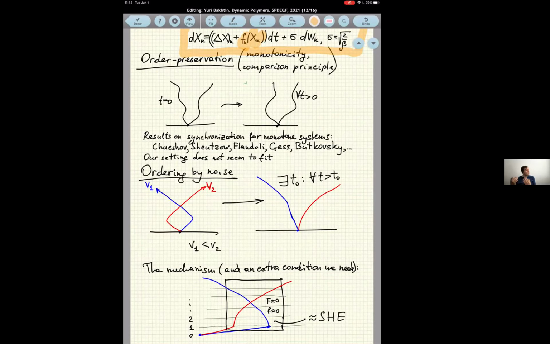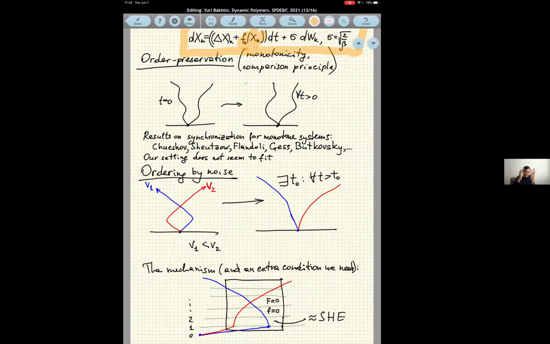Initially the hope is, people have been studying unique ergodicity questions in infinite dimensions, and there are celebrated results. Jonathan is here, so he's responsible a lot for some of that progress.